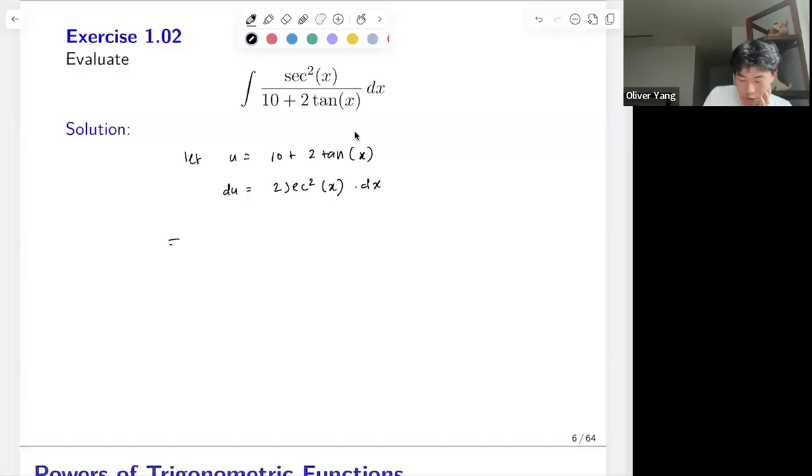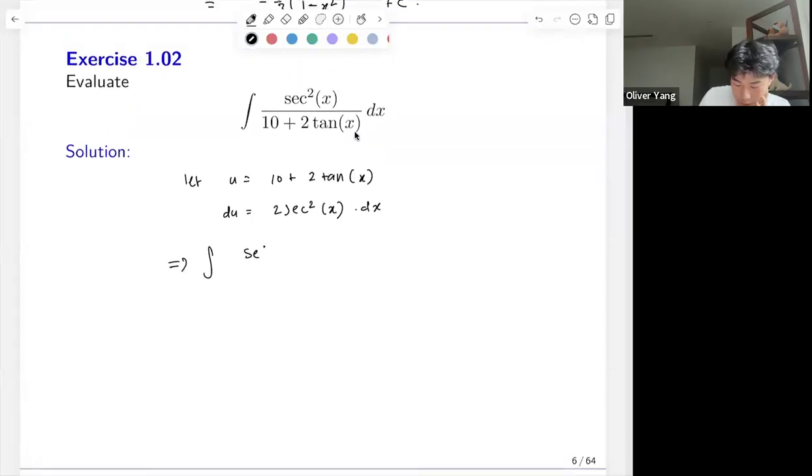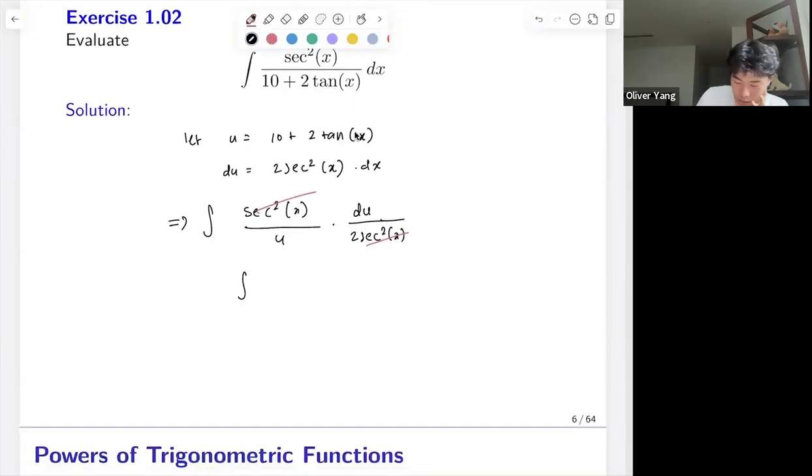Now we can just substitute it into the integrand. So our integral becomes sec squared x over u times du over 2 sec squared x. The sec squareds cancel out, and you're just left with 1 over 2, 1 over u du.